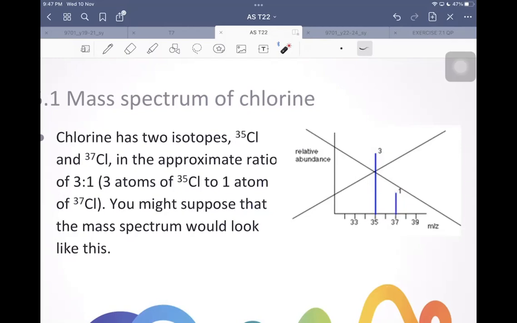Another way of seeing it is that the height of chlorine-35 is 3 times that of chlorine-37. That's how you see 3:1. For me, I like to look at percentage rather than ratios, but you can see each line represents 25%, so there are 3 times the 25% in chlorine-35.